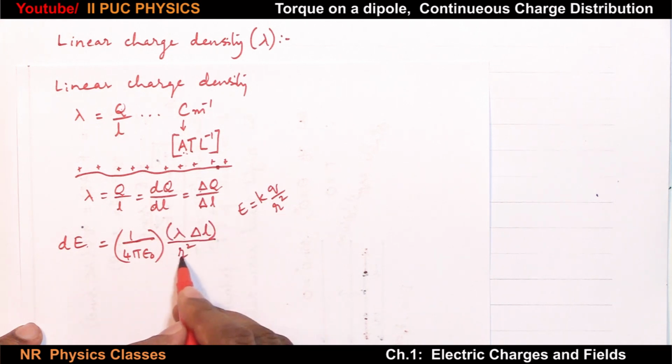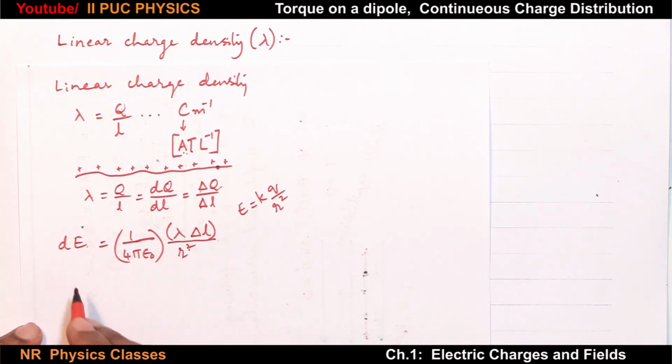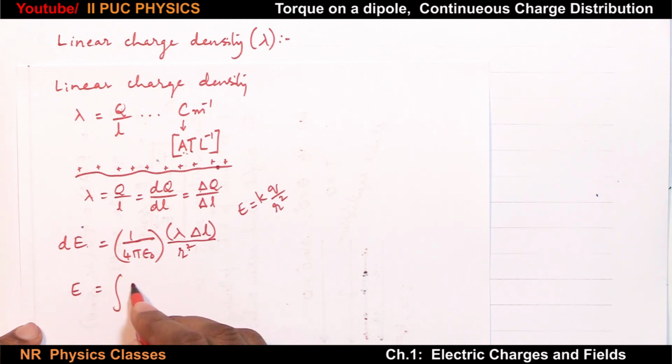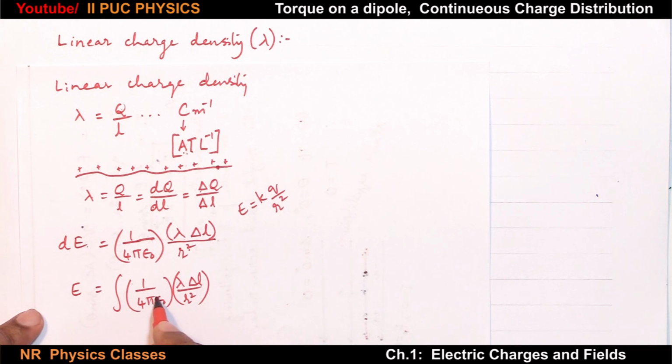And for total charge, we need to integrate: integration of 1 by 4 pi epsilon naught lambda delta L by r square. This gives total electric field.